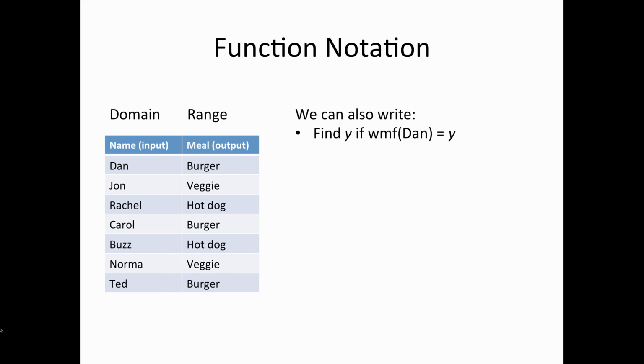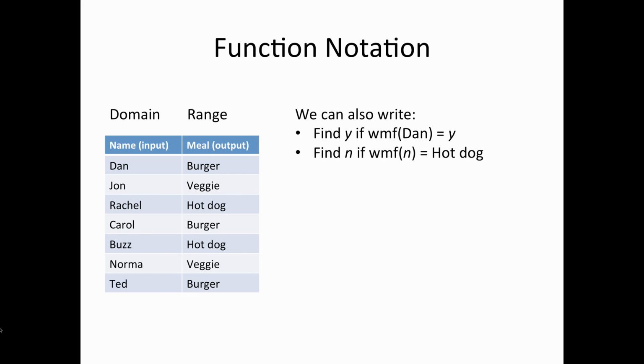We can also write certain things to ask certain questions. So for instance, we could say find y if WMF of Dan equals y. In this case, what is WMF of Dan? That's a burger. So y equals the burger.